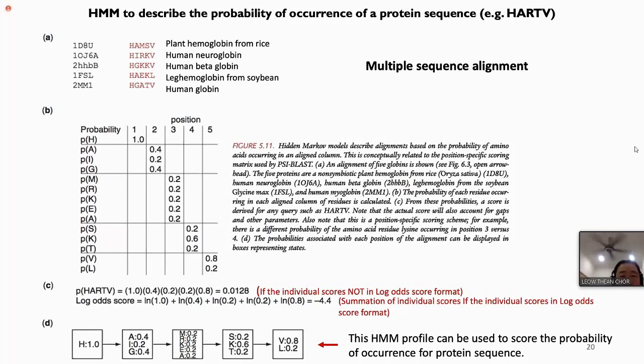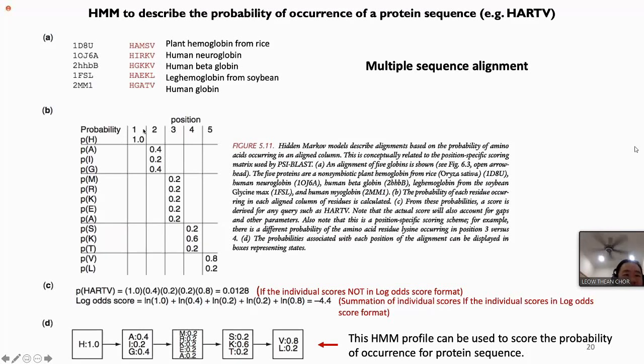Here is how HMM is used to score the probability of occurrence of a protein sequence. First, a multiple sequence alignment of various proteins. Then we calculate the probability of each amino acid aligned in a column. How these amino acids align in the column is converted to probability.